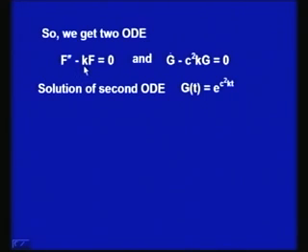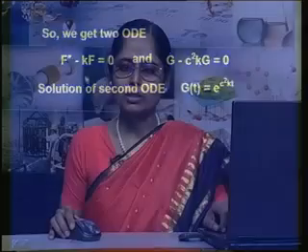If the value of k is 0, we would get the solution of the form a x plus b. If the value of k is positive, we would get the solution in the form of a times e to the power root k x plus b times e to the power minus root k x. And if k is negative, we get the solution in the form of a cos root k x plus b sin root k x kind of thing.